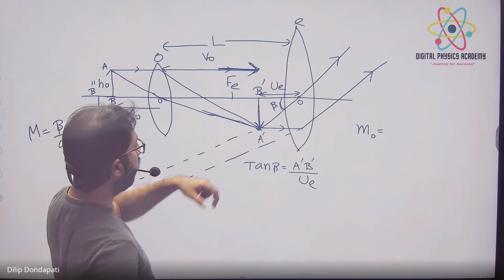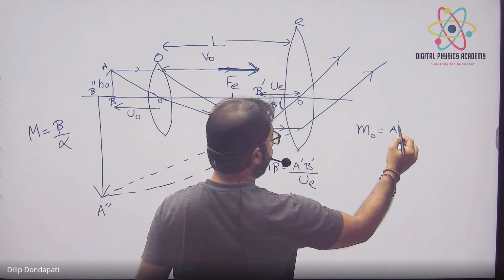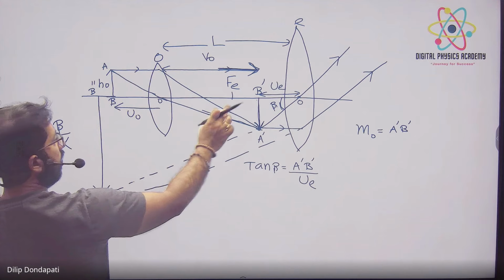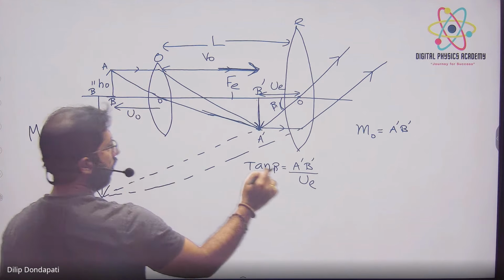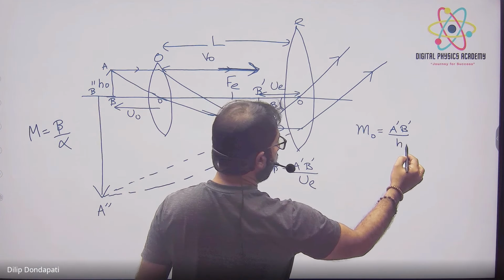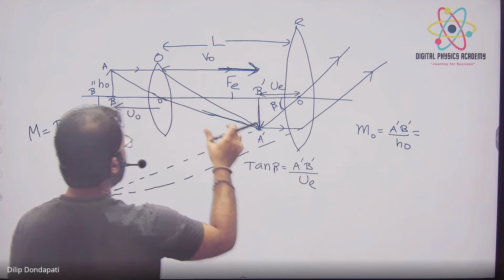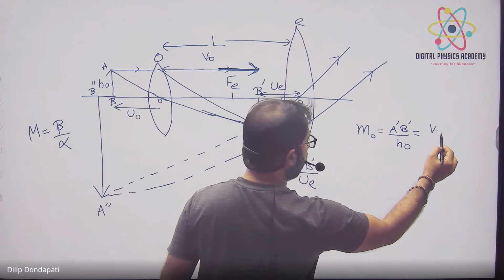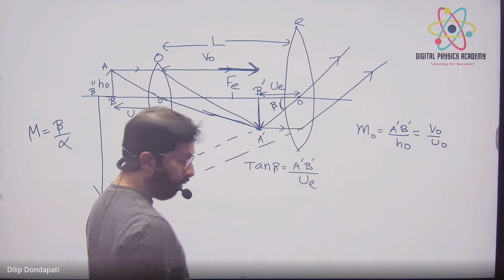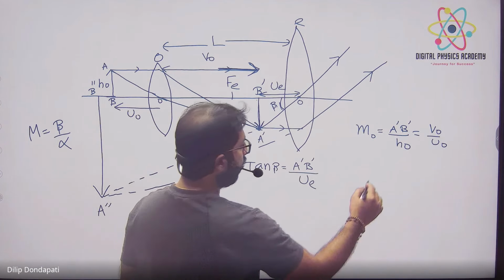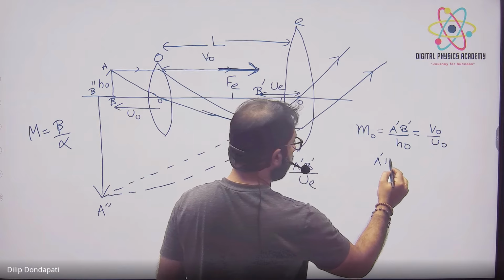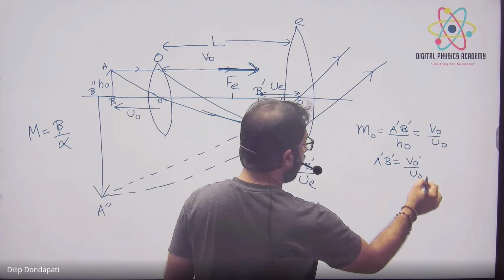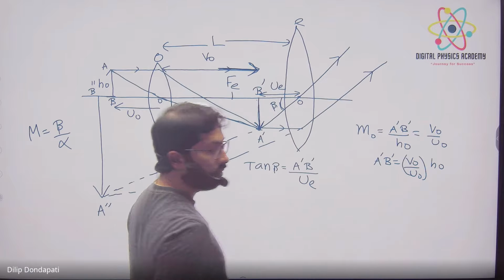HI is A dash B dash. I'm talking about the objective lens, the normal lens one, right? HI by HO, or V by U, right? VO by UO, right? It will reach VO by UO. From this, A dash B dash is equal to VO by UO times HO, right?